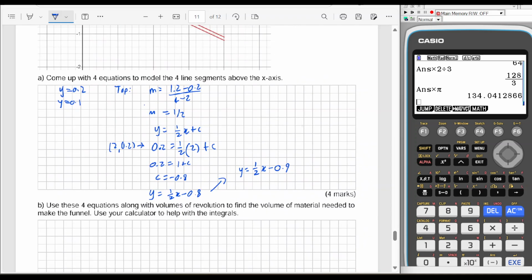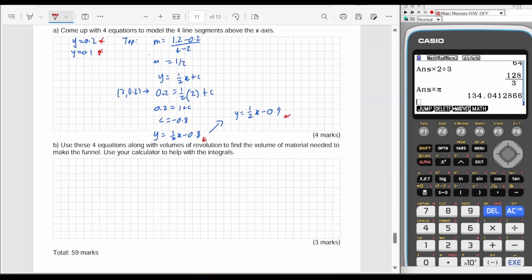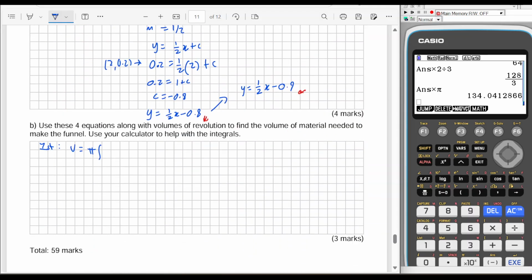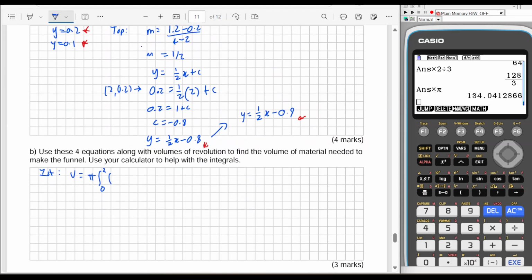Okay, so that is the 4 that we've got. So we've got that, and that. So we've got to use the 4 equations. So for the first bit, volume is pi times the integral from, now that first segment goes from 0 to 2. Our top equation there is 0.2, so 0.2 squared take, and our bottom equation is 0.1 squared dx. We can work that out in a second.